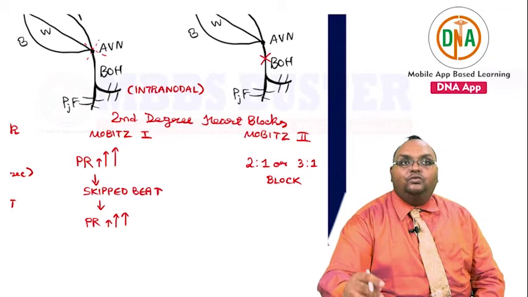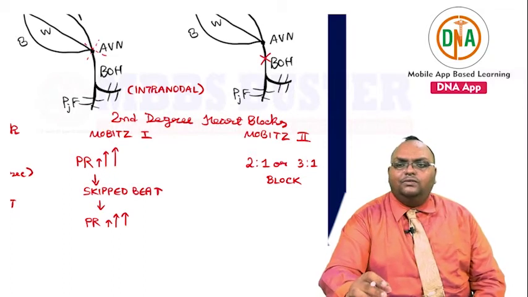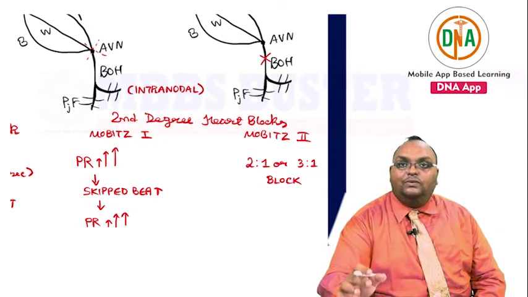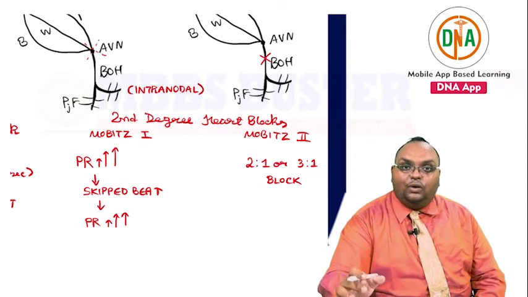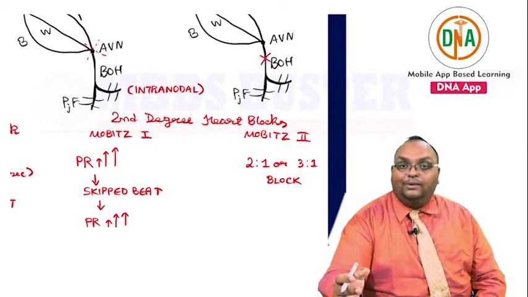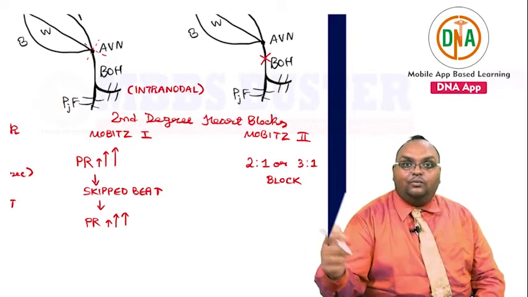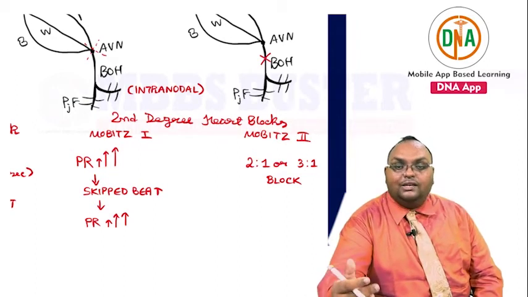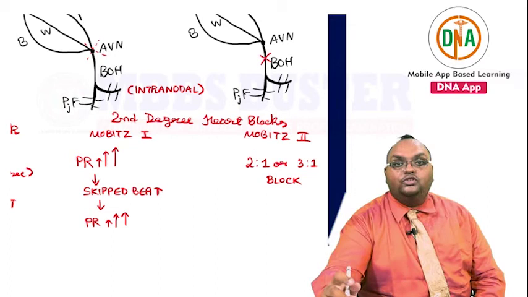Over here you would see that the PR interval will not vary. The PR interval will not vary at all. It will depend on whether you have a drop beat after two waves. I mean, you have one QRS complex after two drop beats, or one QRS complex after three drop beats. That would determine this ratio of 2:1 or 3:1.